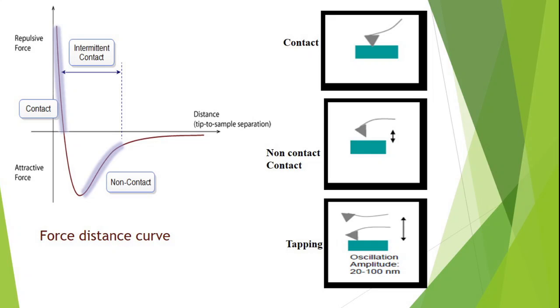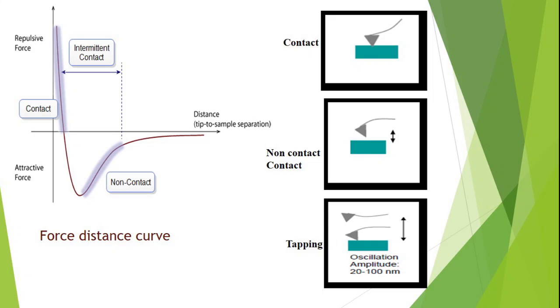So this is a force distance curve which shows three regimes. First one is the non-contact regime, second one is the contact regime, and in between the contact and non-contact regime lies the intermittent contact regime. So what is the advantage of all these regimes? The AFM works in these three regimes.